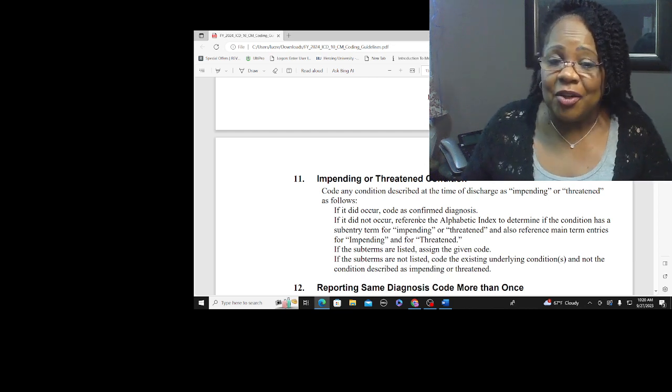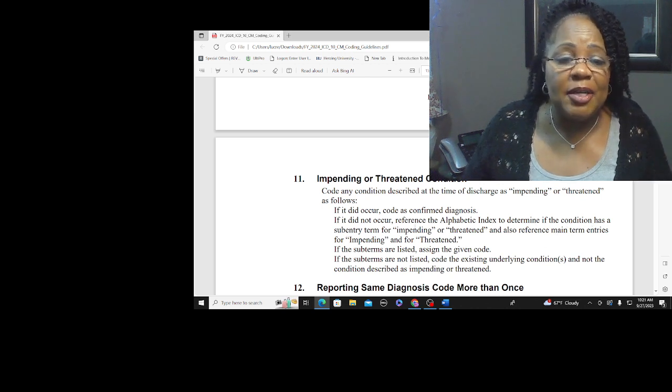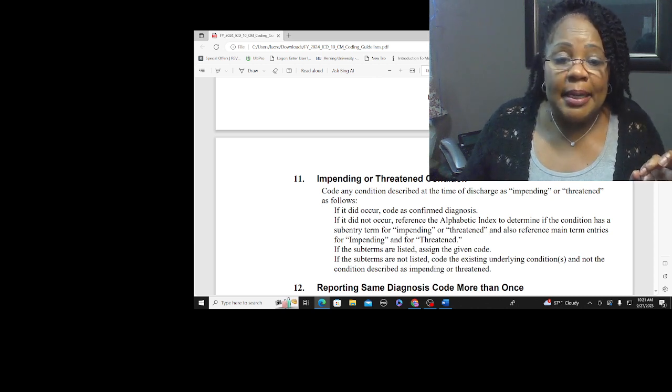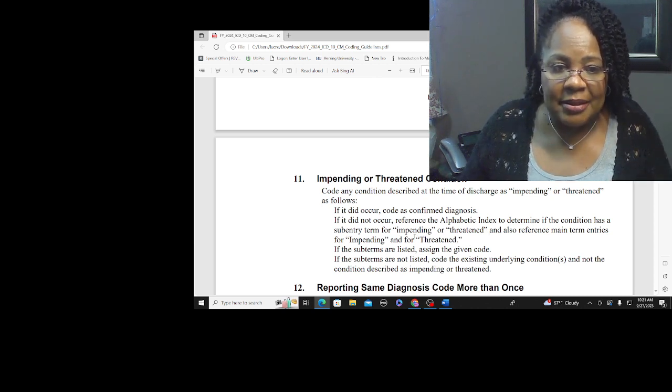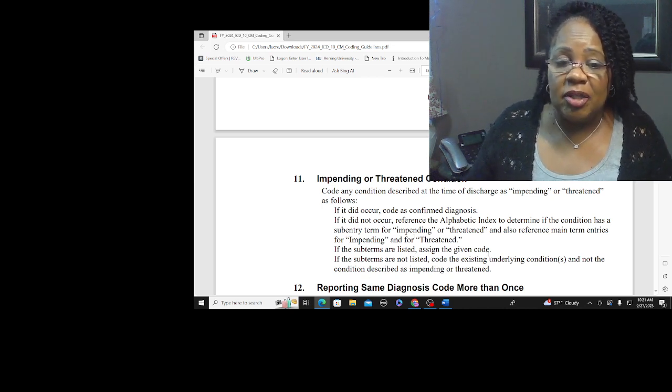But if it did not occur, then reference the alphabetic index to determine if the condition has a subentry for impending or threatened, and also reference main term entries impending or threatened. If the subterms are listed, then assign the given code.